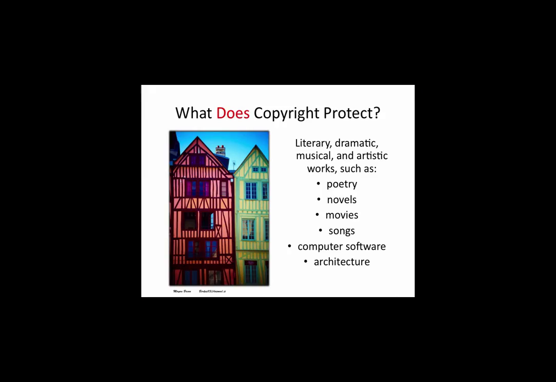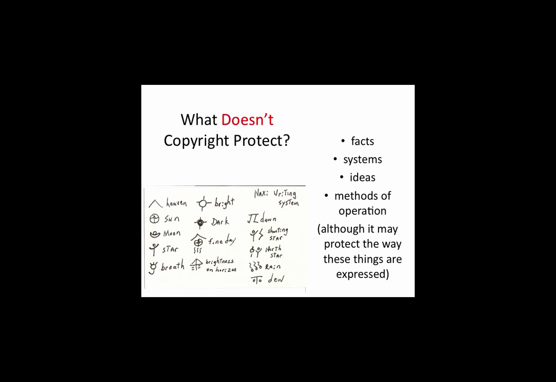And what does copyright protect? Well, copyright is a form of intellectual property law. It protects original works of authorship, including literary, dramatic, musical, and artistic works, including poetry, novels, movies, songs, computer software, and even architecture. What does copyright not protect?